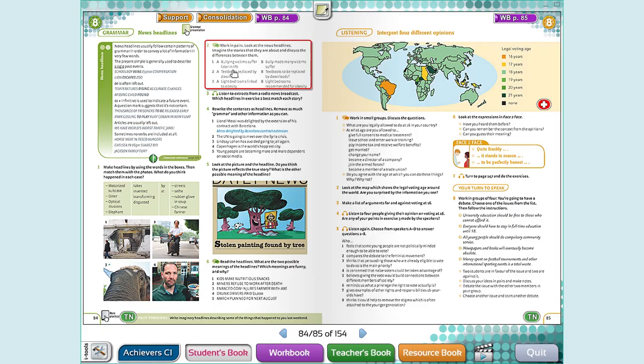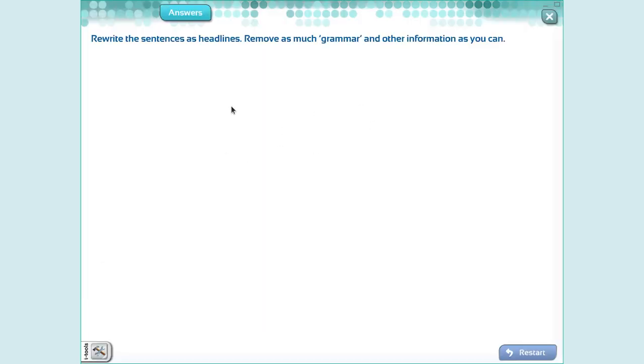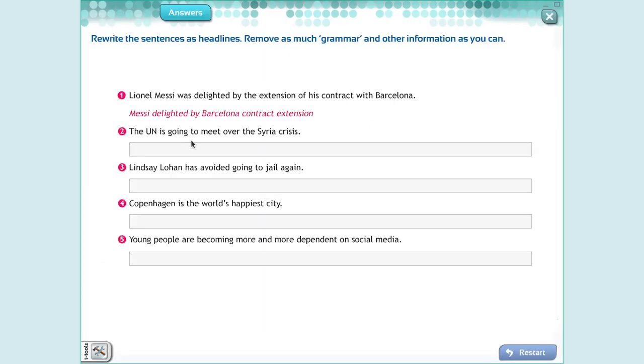Okay? Now, exercise 4 and exercise 6 is going to be your homework too. Exercise 4, you have to remove words that they don't need to write the headline. Remember, they eliminate articles, they eliminate the future. Yes, articles. They use just the verb in the present form.